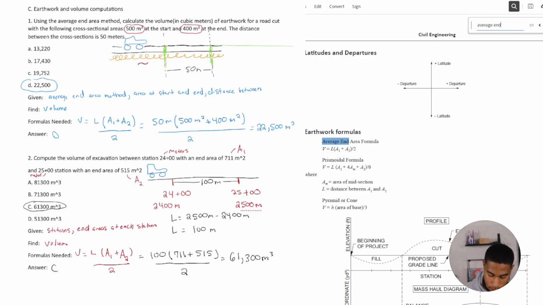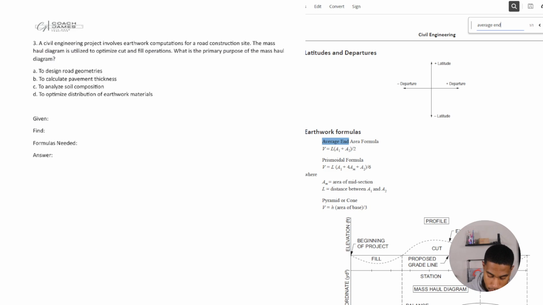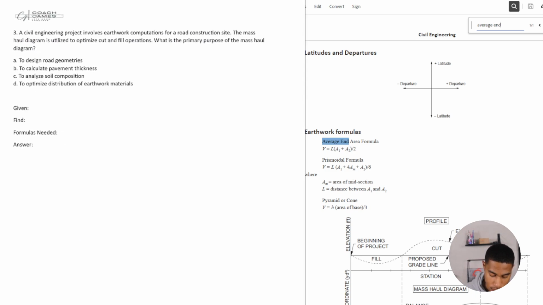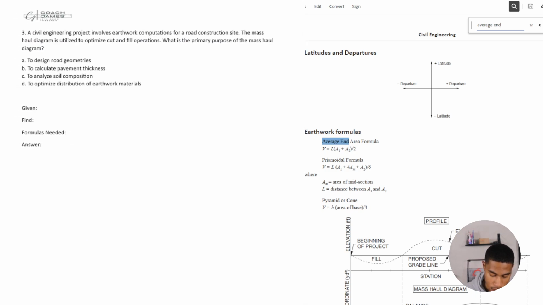All right, so let's look at number 3. It says a civil engineering project involves earthwork computations for a road construction site. The mass haul diagram is utilized to optimize cut and fill operations. What is the primary purpose of the mass haul diagram?